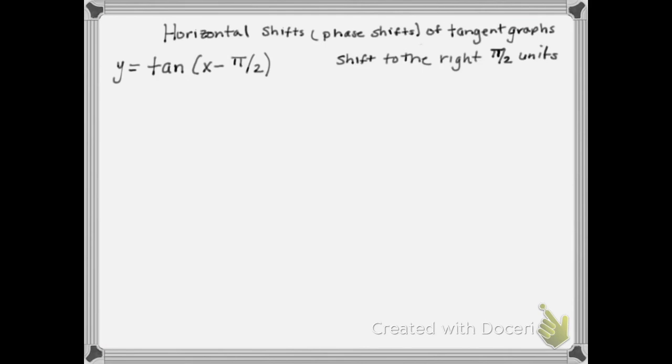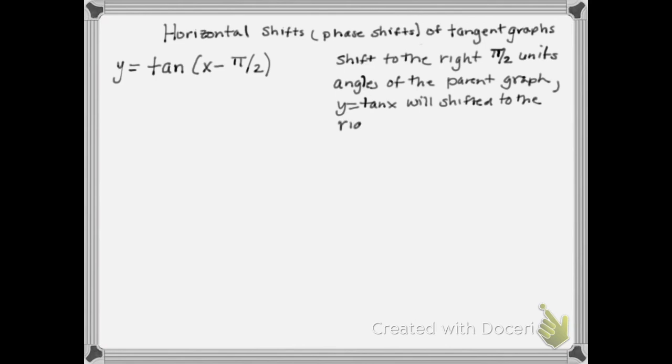That means the angles of our parent function, which is y equals tan of x, will move to the right pi over 2 units. Okay?